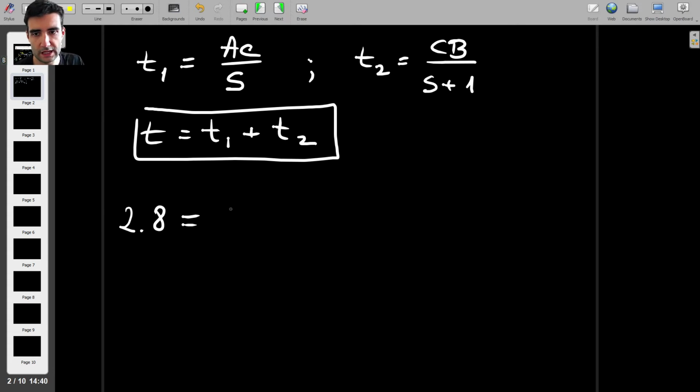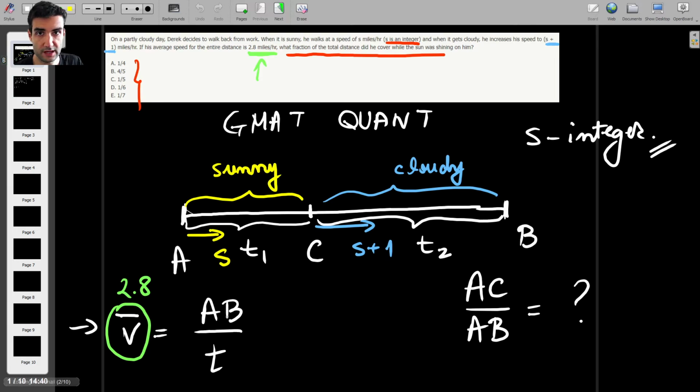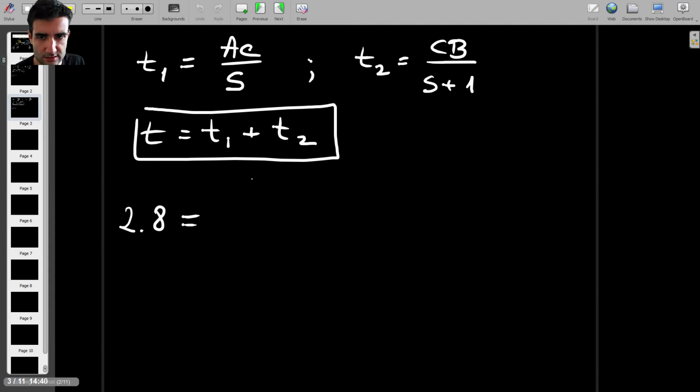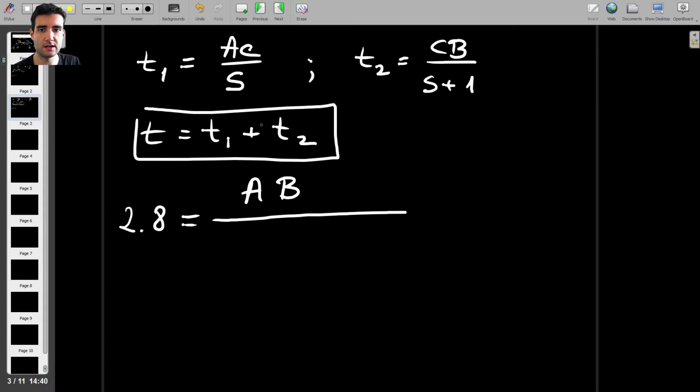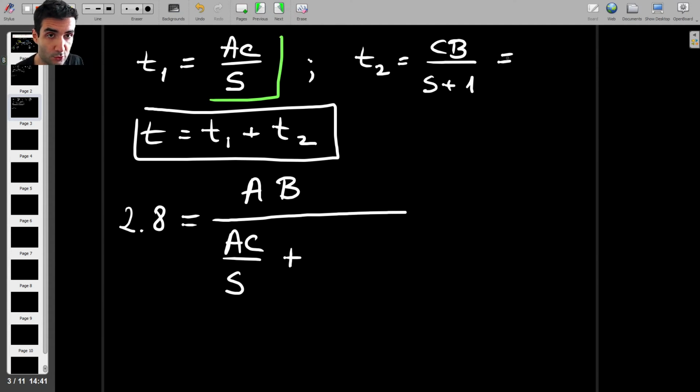So 2.8 equals, and then we have AB. Let's leave AB as it is. I think it works better like this. So it's AB over T1 plus T2, but instead of T1 plus T2, we're first going to write what T1 is, which is just AC over s, and then plus T2, and T2 is CB over s plus 1.